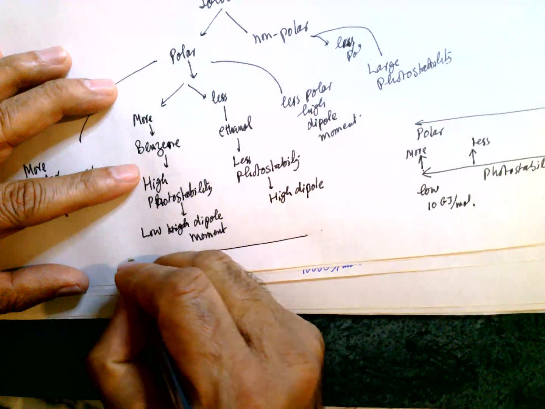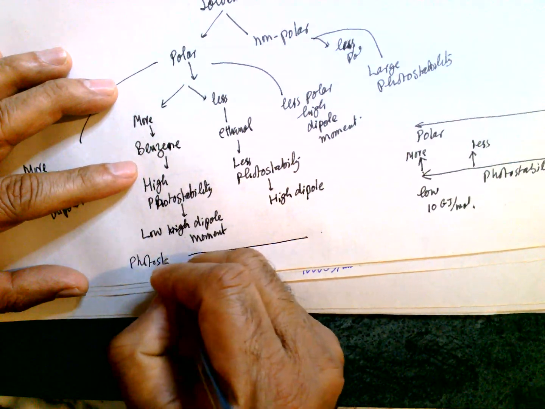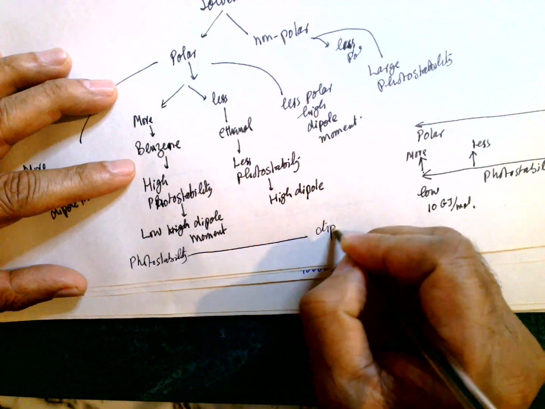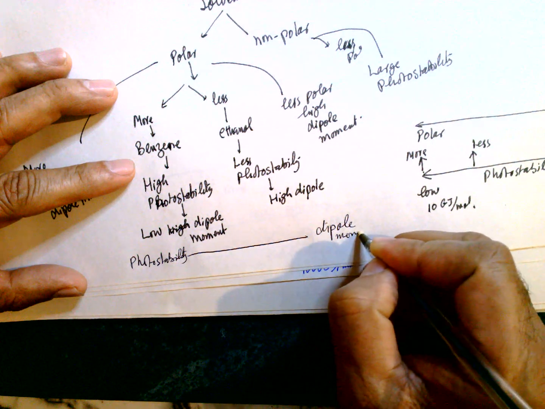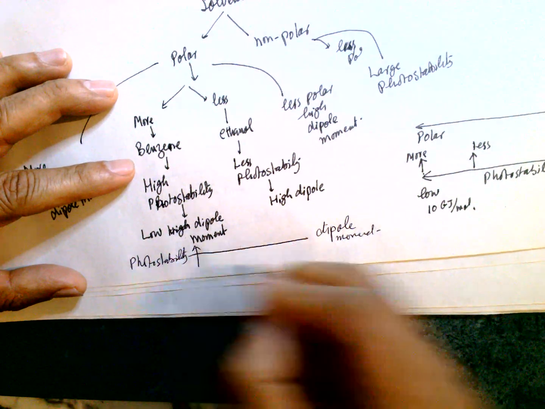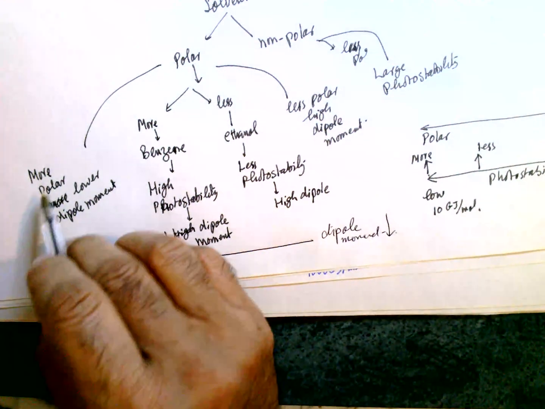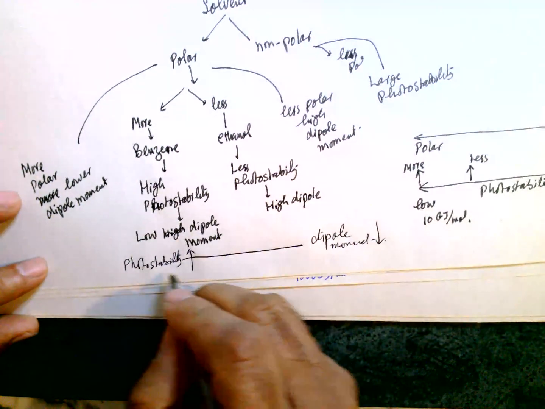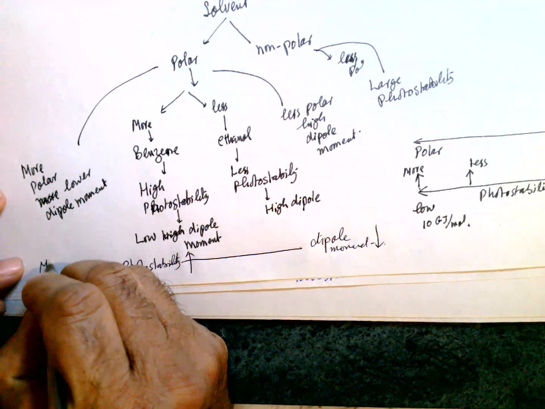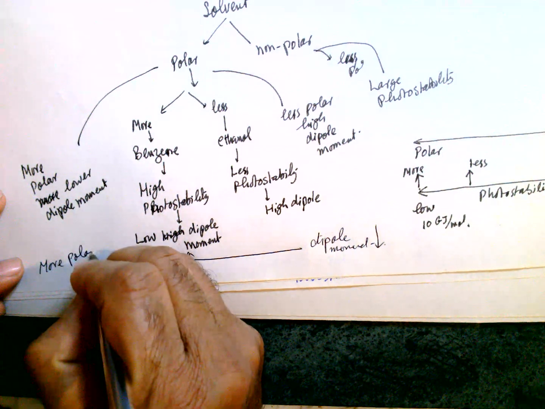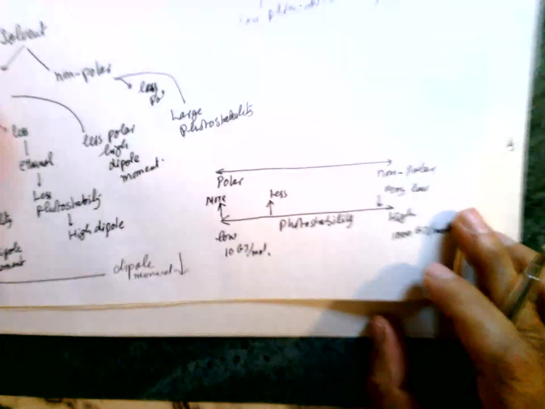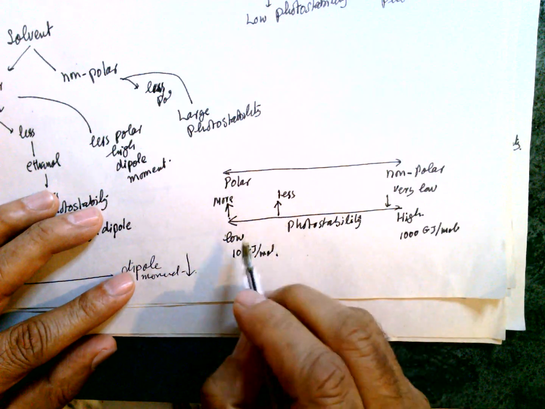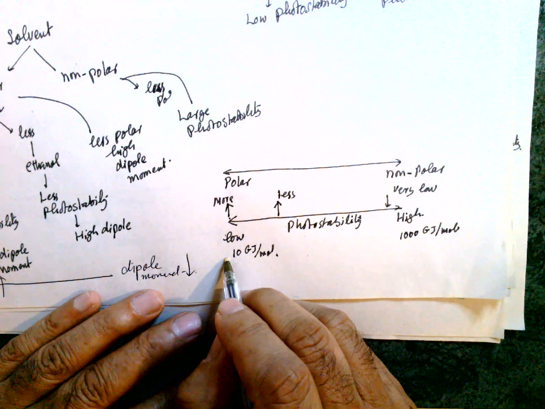So this is photostability and dipole moment. High here, this is low. More polar, lower dipole moment. So this is polar, non-polar, more and less polar.